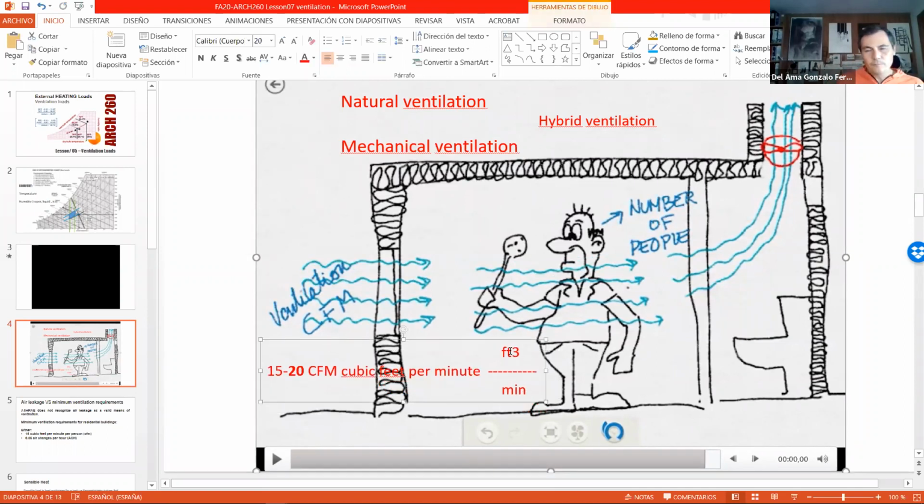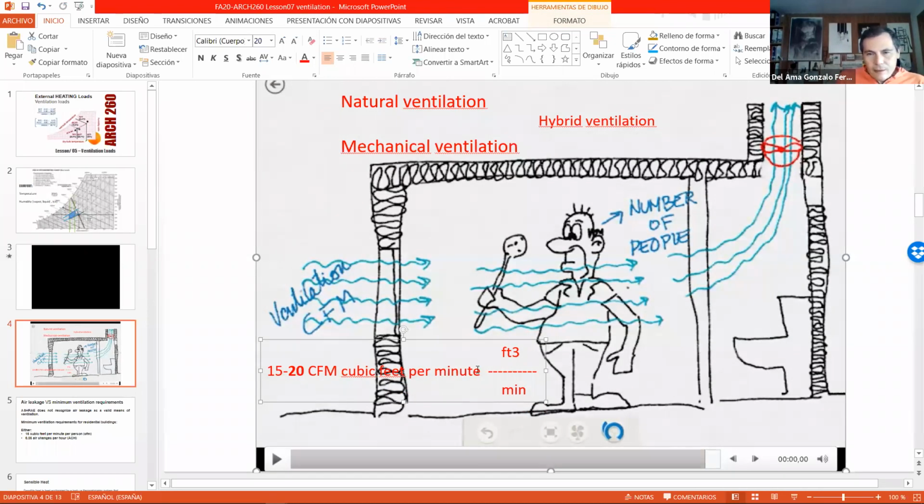Sometimes, because it's CFM, you think that it's cubic feet multiplied by minutes. No, it's cubic feet per minute, so it's divided by a minute.